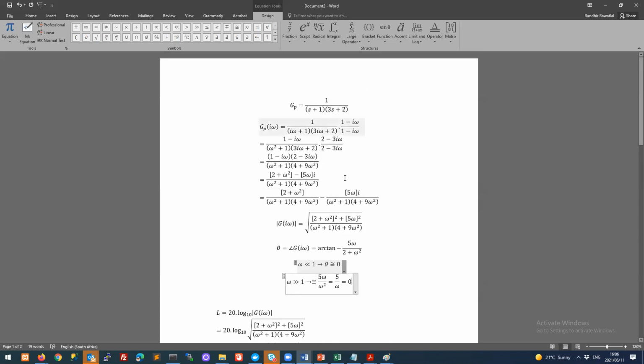That's possible. Yeah, what function is this? Is the theta supposed to be arctan of real over imaginary? No, it's imaginary over real. So that's imaginary and that's real. So I think it's the right way around here.